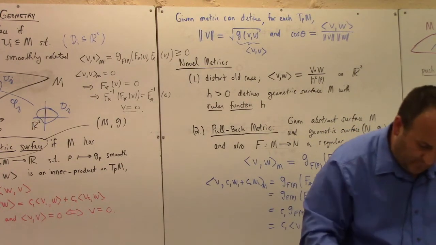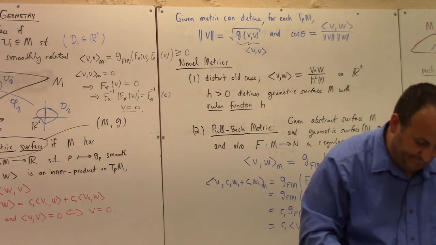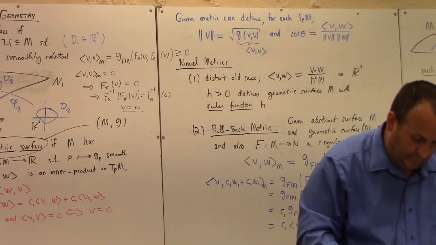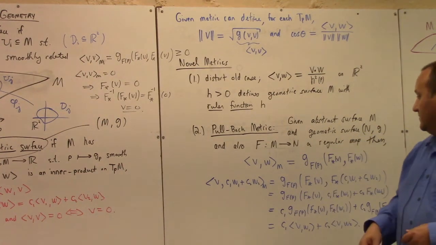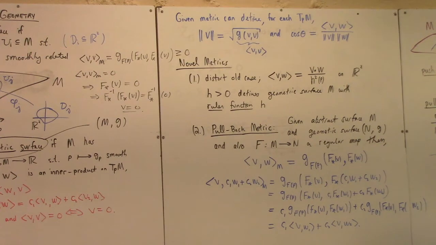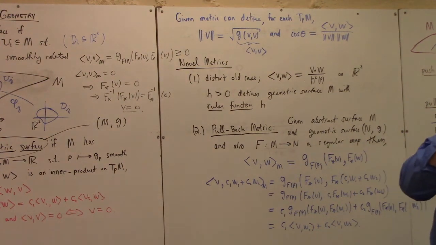Okay, but there's more here. There's something rather beautiful here. We have to think back to last week. How did we define, what did it take for F to be a local isometry? What was the condition?